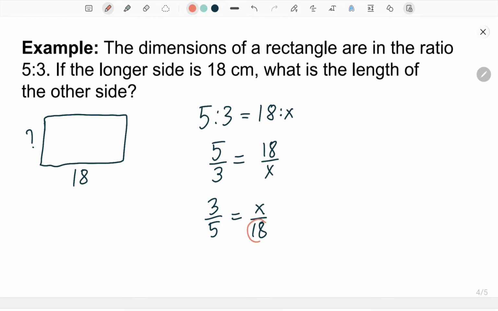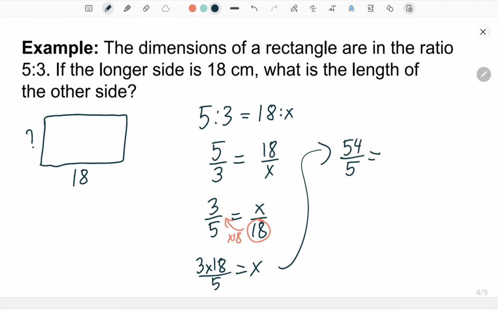And if you rearrange, so move the 18 over by multiplying it, you're going to have 3 times 18 over 5 is equal to x, which, if you do 3 times 18, will just give you 54 over 5 is equal to x.